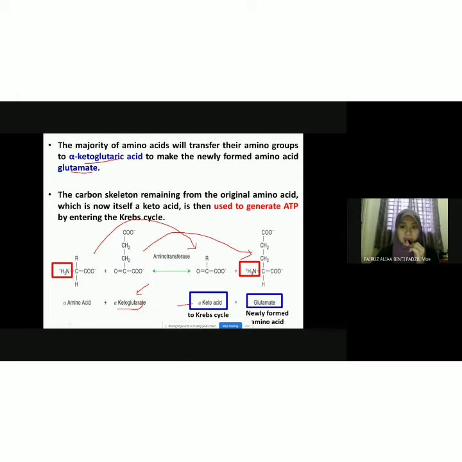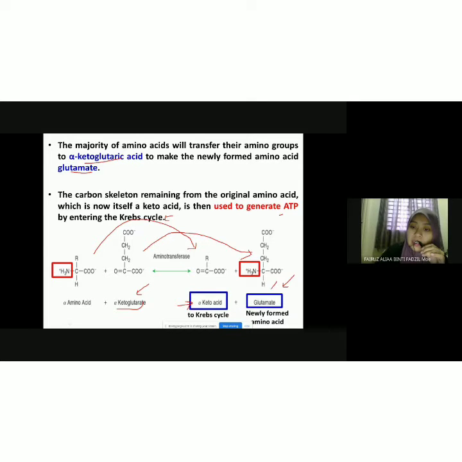And then what happens to the alpha keto acid here? The alpha keto acid will enter the Krebs cycle and be used to generate ATP. And the glutamate might be used to synthesize new protein.